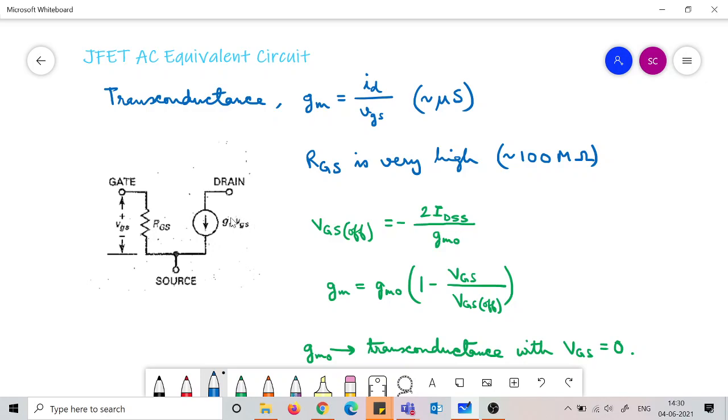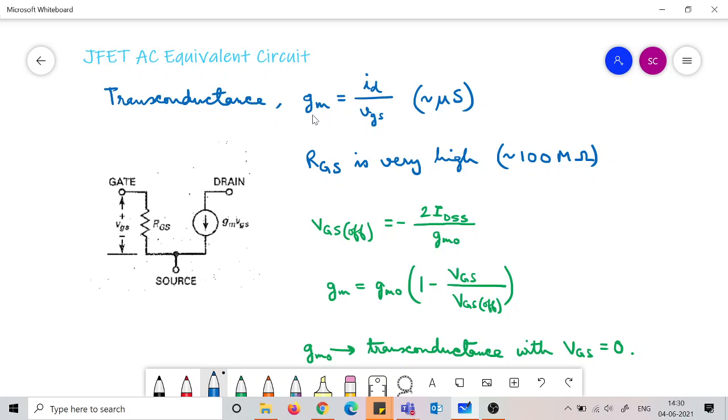Whatever VGS is there, you multiply it by some gm. This is called the transconductance parameter gm. That is the output current by the input voltage, gate source voltage.